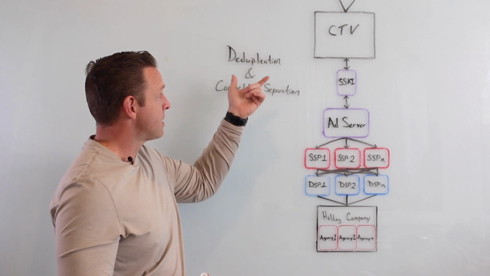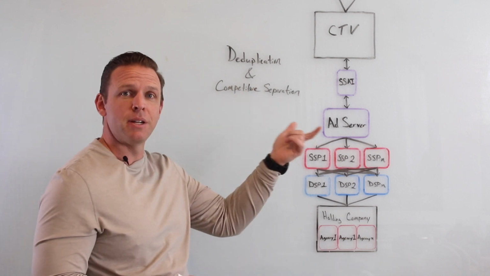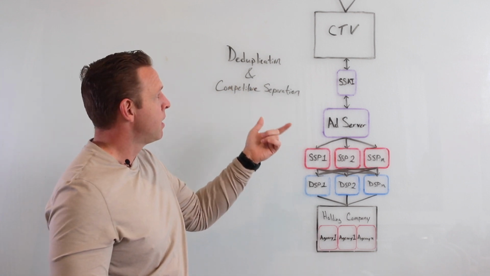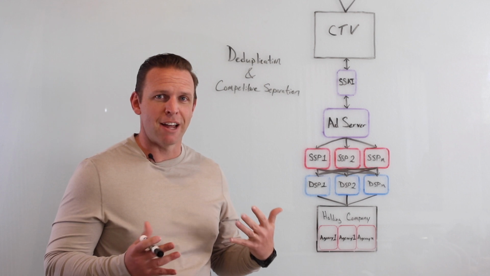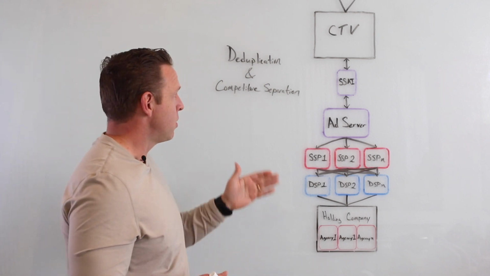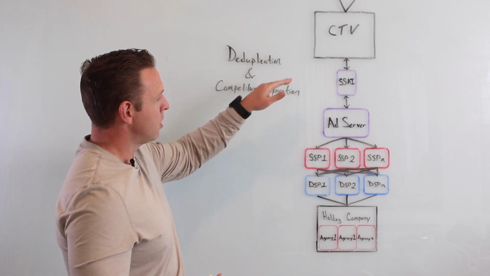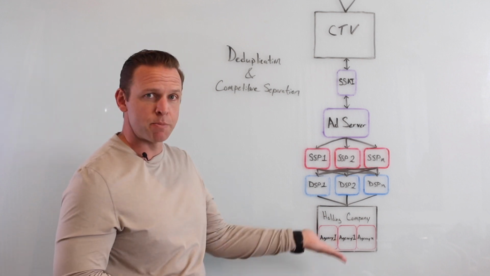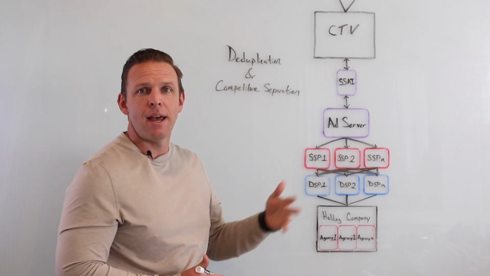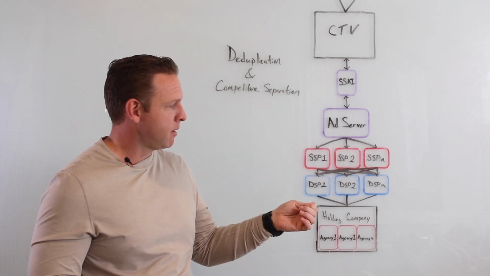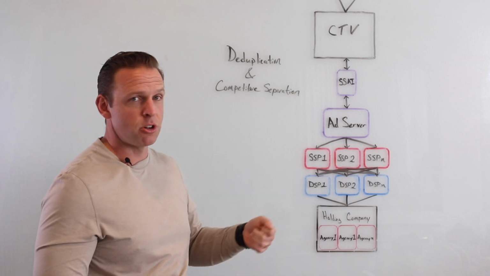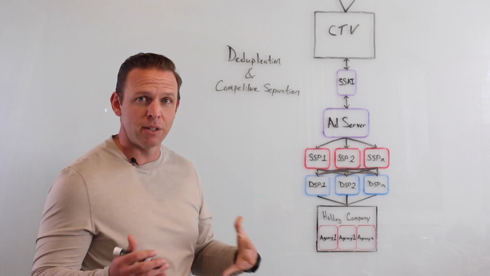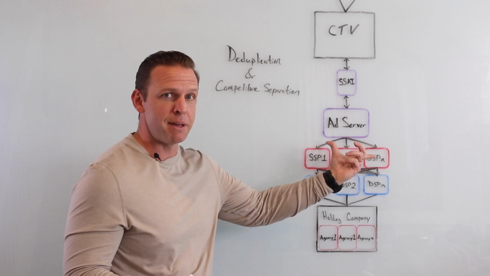The reason that this is a problem today in CTV is because there isn't a universal advertising ID. So you have all of these requests going out, all of the responses coming back, and a certain creative could be labeled as something completely different through any of these pipes.